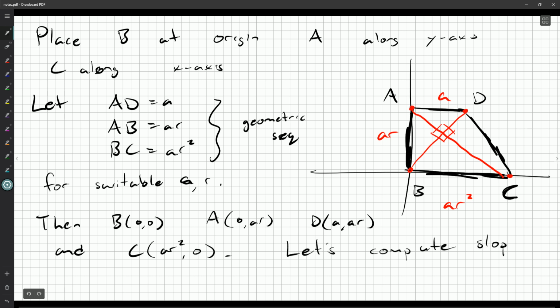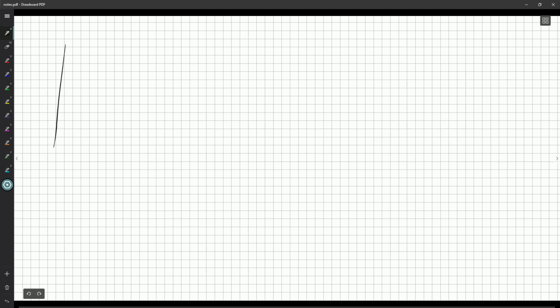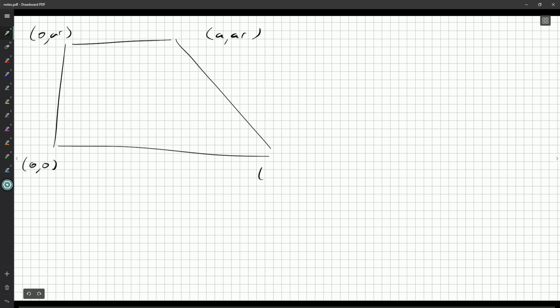So let's compute slopes so that people who are reading this know what I'm trying to do. Slopes AC and BD. How do you do slopes? Rise over run. So redraw our picture here just briefly. 0, AR; 0, 0; and AR squared, 0. So the slope of AC, rise, so I guess 0 minus AR over run.